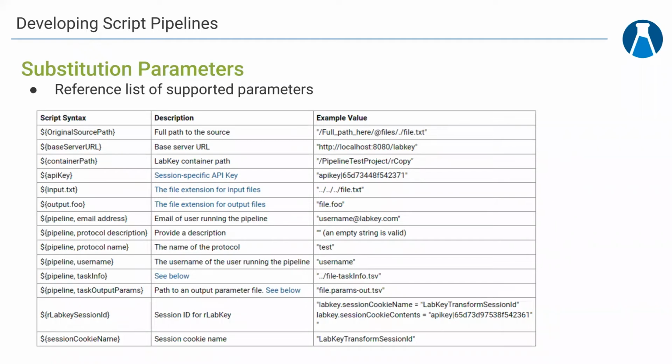So if your script needs to query the server, you can provide the server name, the server URL, as well as an API key to enable that kind of query access. So if you need some metadata from a different server as part of your script, you can pull that data within your script.